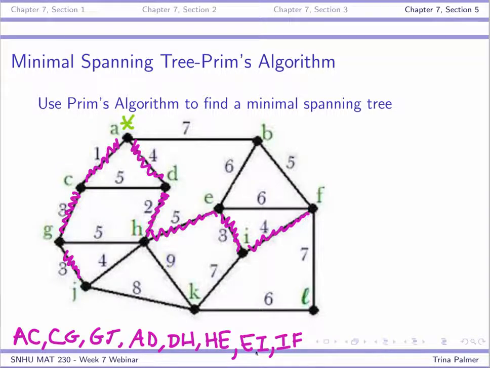Alright, just looking around, make sure we understand the possible edges that we could take, which would be 8, 9, 7, 7, 5, 6, or 7. The smallest weight here would be the 5, so I'll pick BF. Now what?